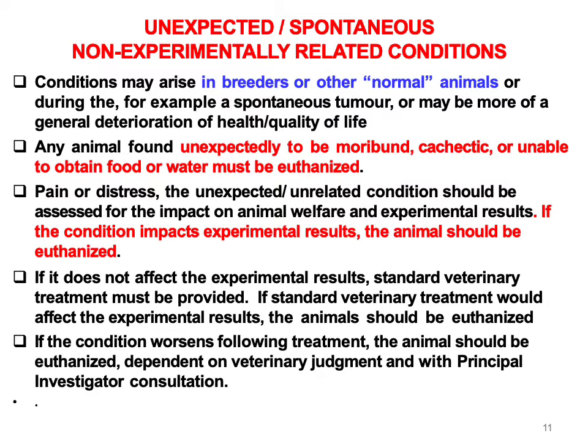In case of unexpected, spontaneous, non-experimentally related conditions, we have to follow the next steps. Conditions may arise in breeders or other so-called normal animals, for example, a spontaneous tumor, or maybe more of a general deterioration of health and quality of life.